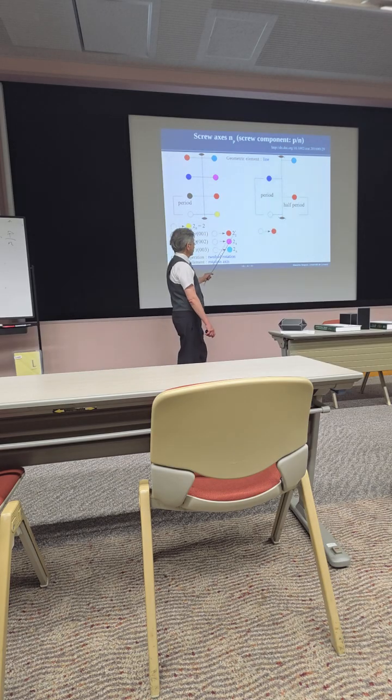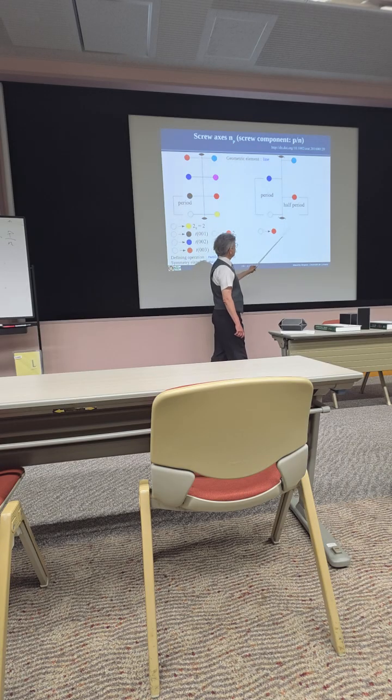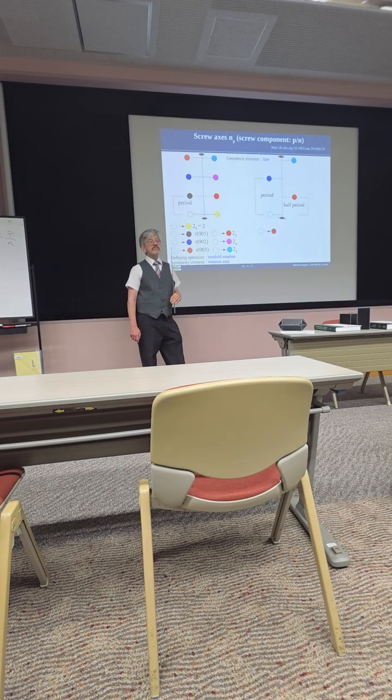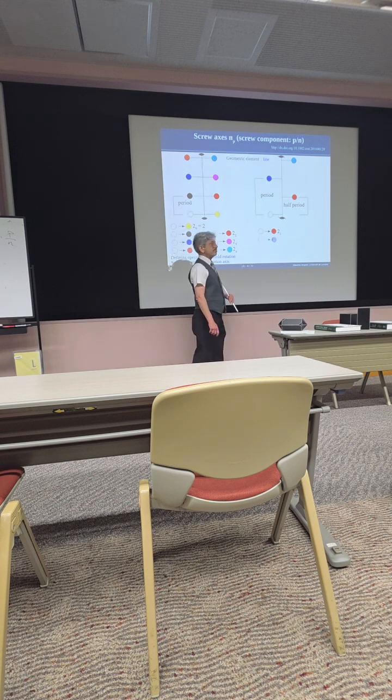Next, white to red is a twofold rotation followed by half a period translation. The symbol will be 2, 1. White to blue. Again the animation is slow at this point, I don't know why.